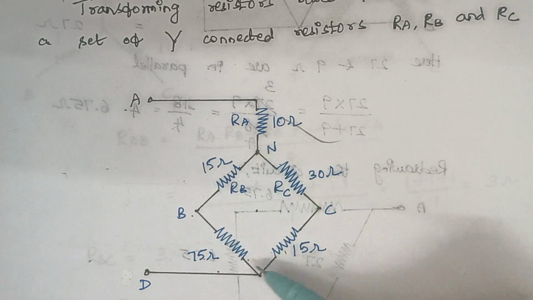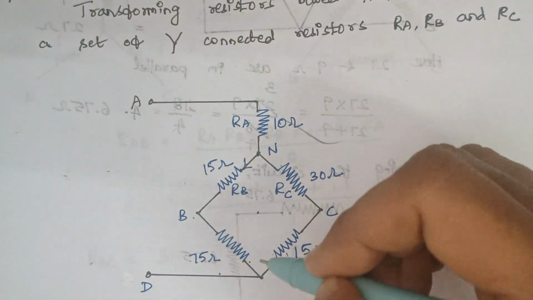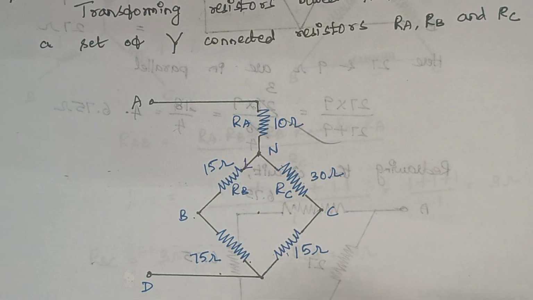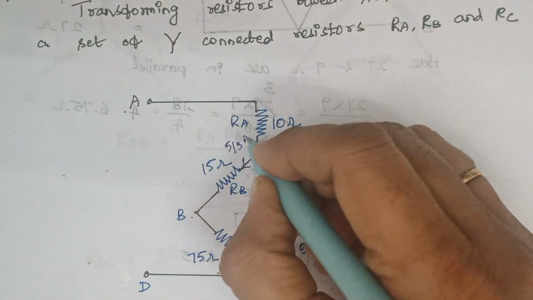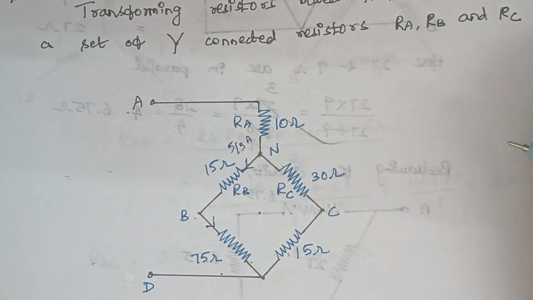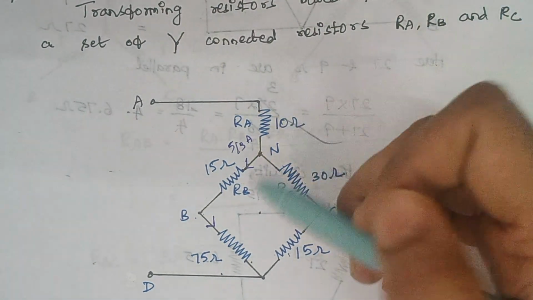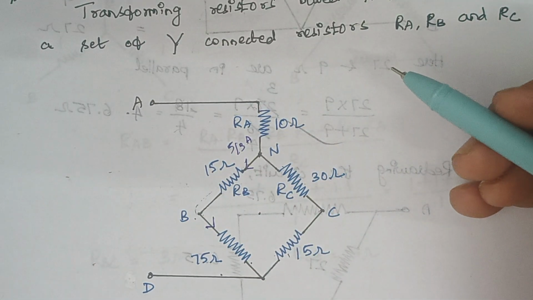Since the resistors are in series, the current flowing through them will be the same. That is, the current flowing through this 90 ohm resistor is 5 by 3 amps, which we just calculated. So this 5 by 3 amps flows through this 15 ohms as well as this 75 ohms. That's why the current flowing through this 90 ohm is 5 by 3 amps.